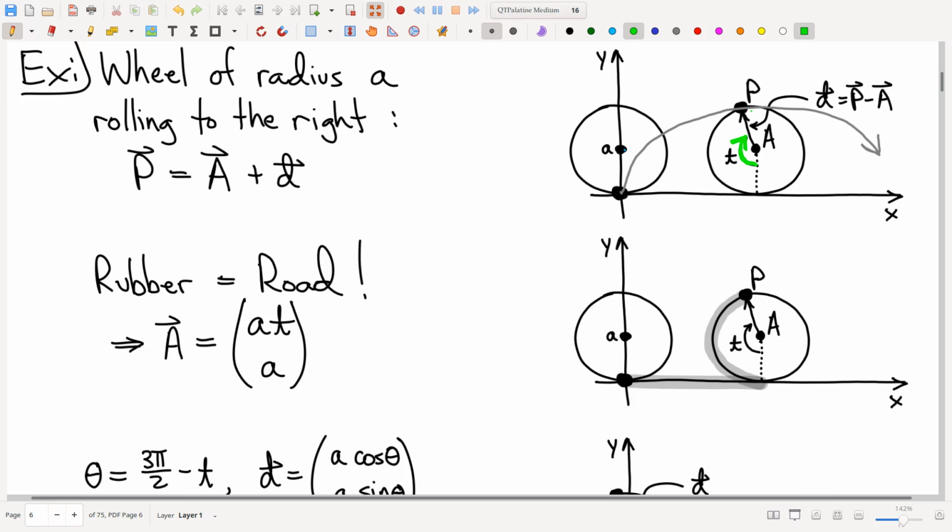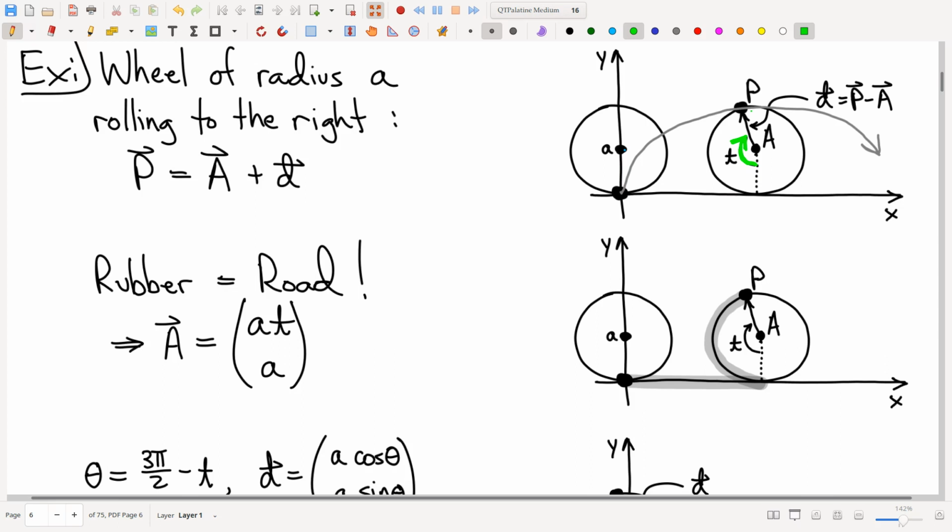The idea is that t is 0 when you're over here, and then as the wheel rotates, t, which starts at 0, will increase as the wheel rolls. So if I choose t to be that angle, then t is kind of sort of playing the role of time. Let's not worry about how fast we're moving. If you want to introduce a constant to represent your speed, okay, whatever, but it's not really what we are interested in. Okay, so t is going to be that angle.